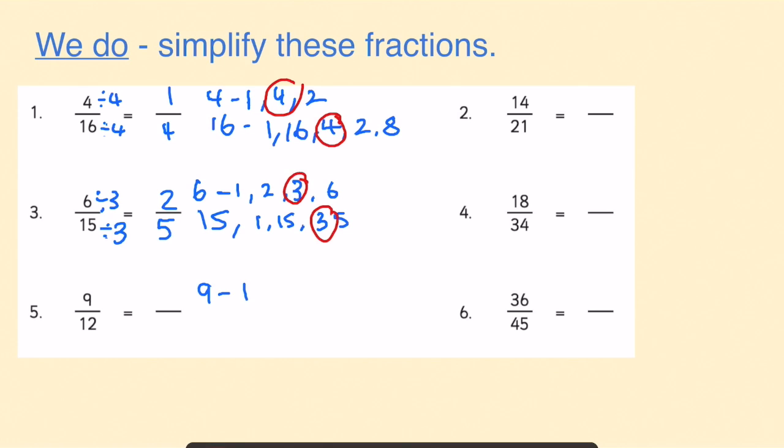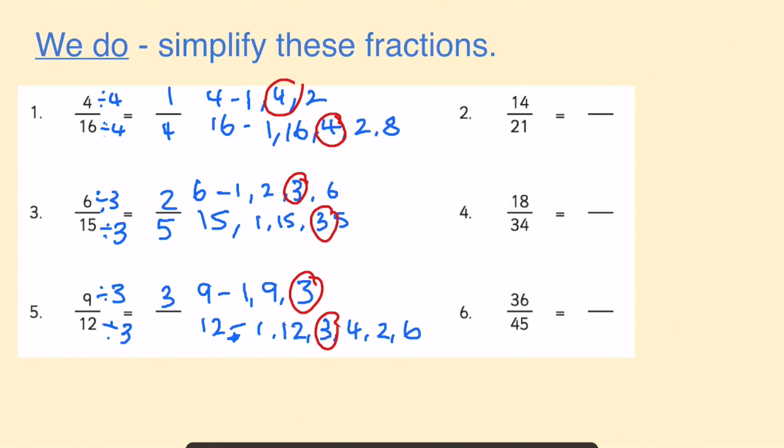9's factors are 1, 9, and 3. 12's factors are 1, 12, 3, 4, 2, and 6. The highest common factor they share is 3. 9 divided by 3 is 3.